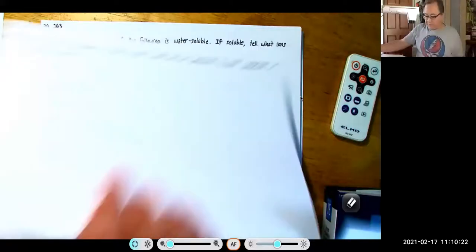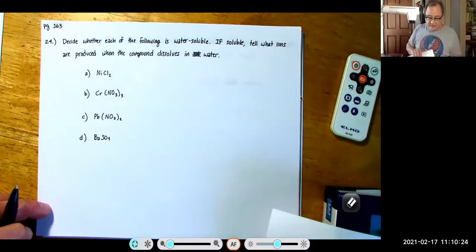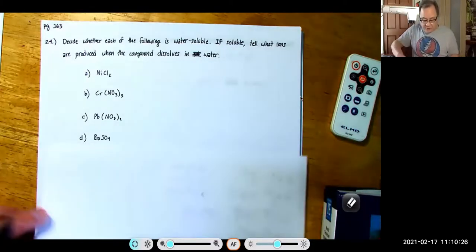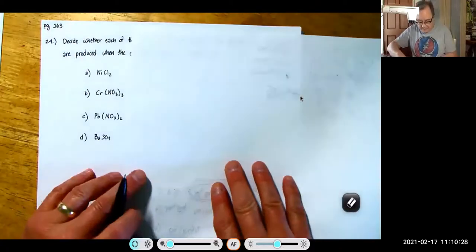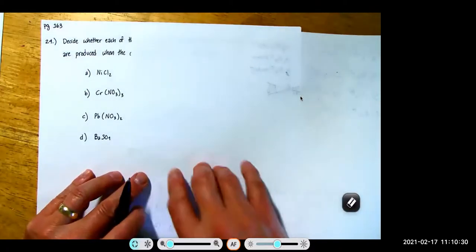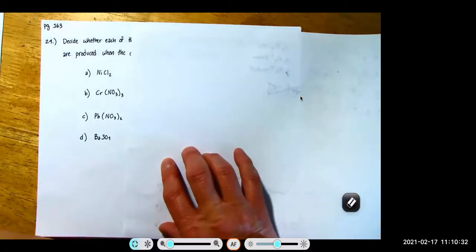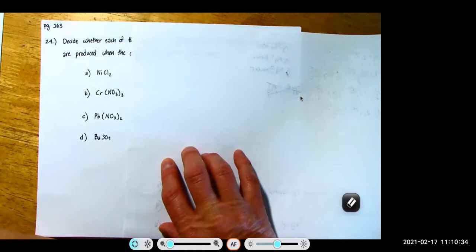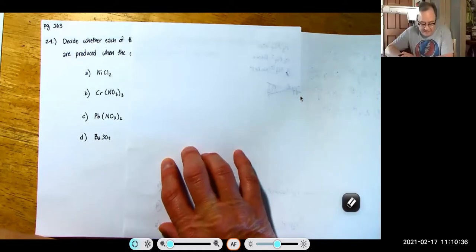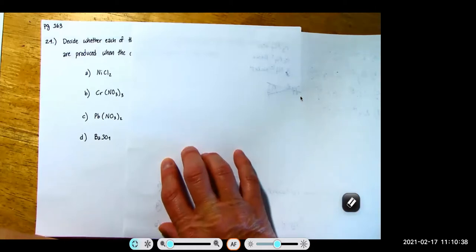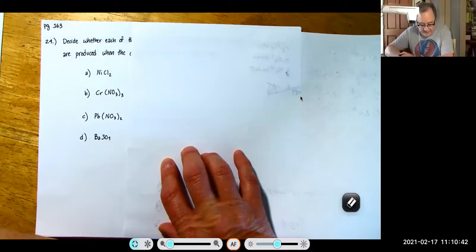I think we'll call this one the last one. Decide whether the following are water soluble. Well, it's a halide that's not mixed with any of the three. So A, I would say is. Correct. How about B? It's a nitrate, so yes. Yep. How about C? Yes, because of the nitrate. Nitrates don't have any exceptions.